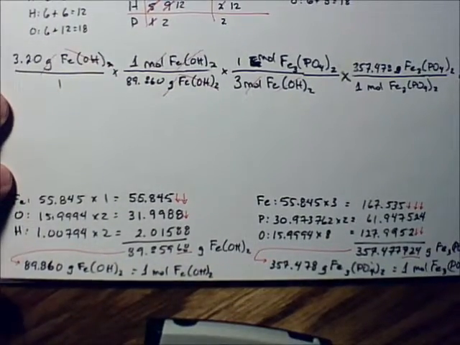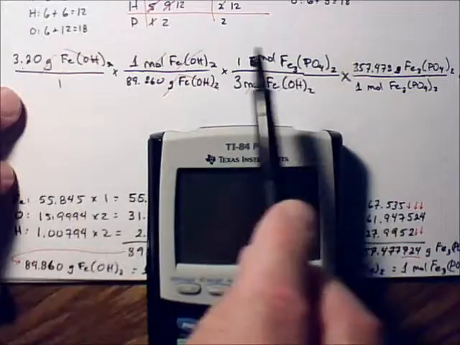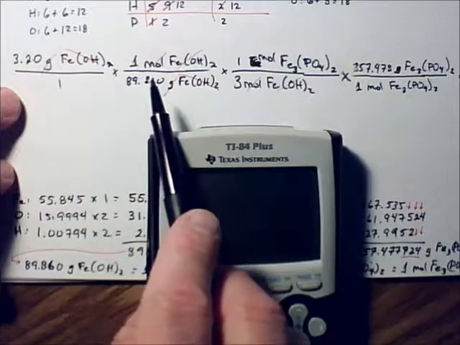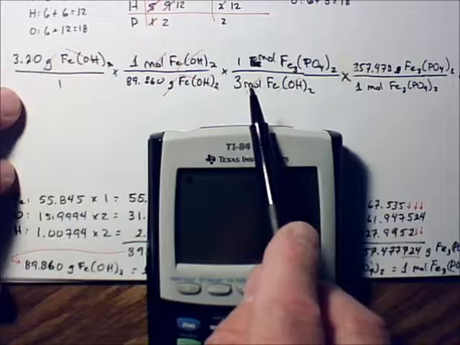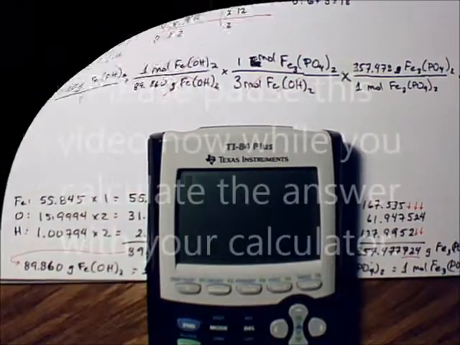Alright, so what I've told you before, to speed this up, to make it go faster, you're going to multiply this times this, hit enter, divide by this, hit enter again, divide by this, hit enter again, that'll give you the answer. Okay?